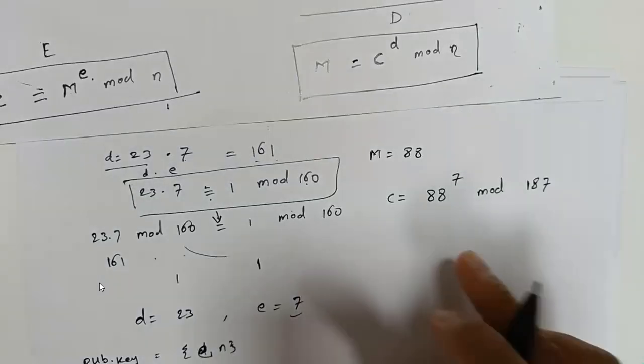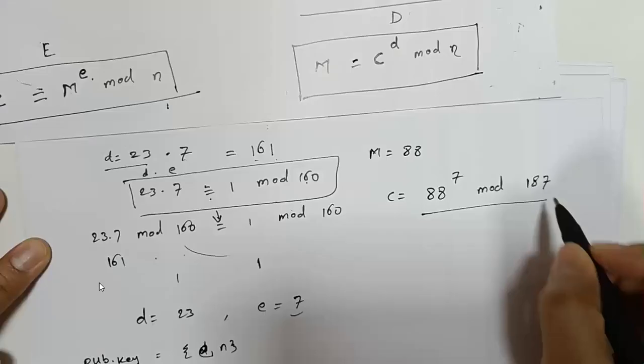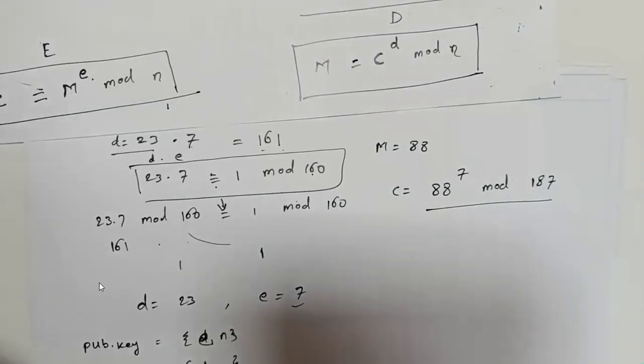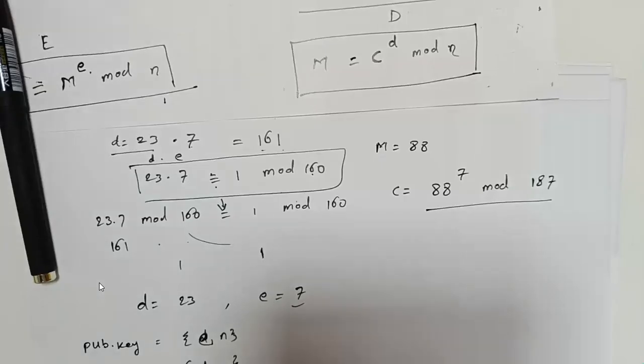So last time we have seen how to calculate the modulo of a large number. Can you solve this now?